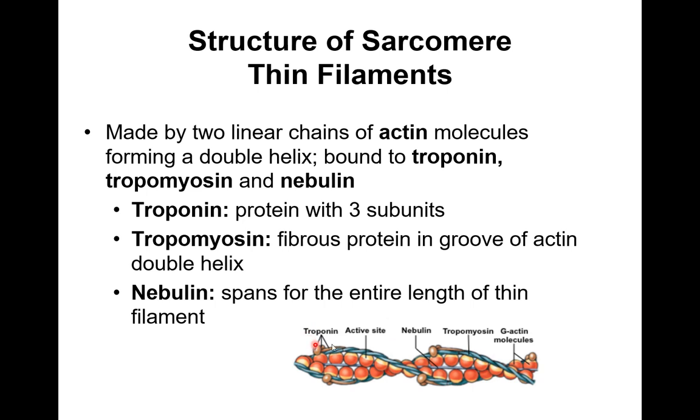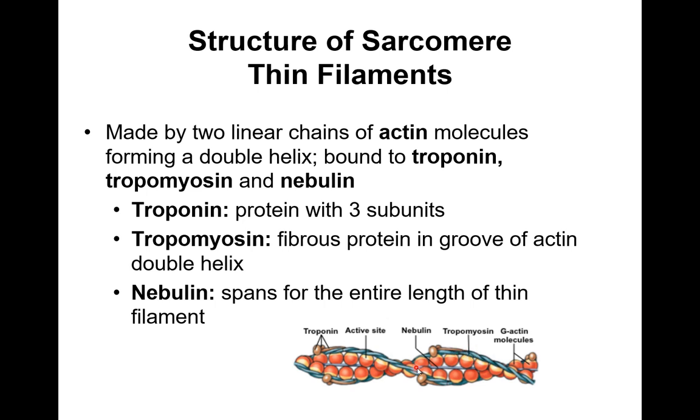Troponin and tropomyosin are found on the outside. You have two strings of troponin and tropomyosin, one for each of the two components of the double helix. What tropomyosin does is follow each of the components, and it covers the active site in actin.